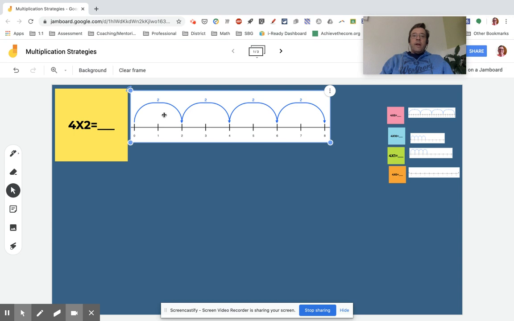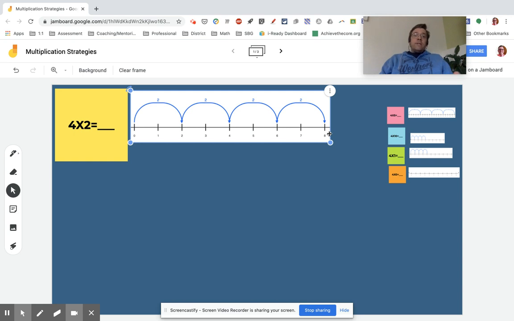So in our number line, I have 1, 2, 3, 4 jumps, and each jump has the size of 2 spaces. That gives us a product of 8. So when we're skip counting by 2s or when we're multiplying by 2, skip counting by 2 can be especially helpful.